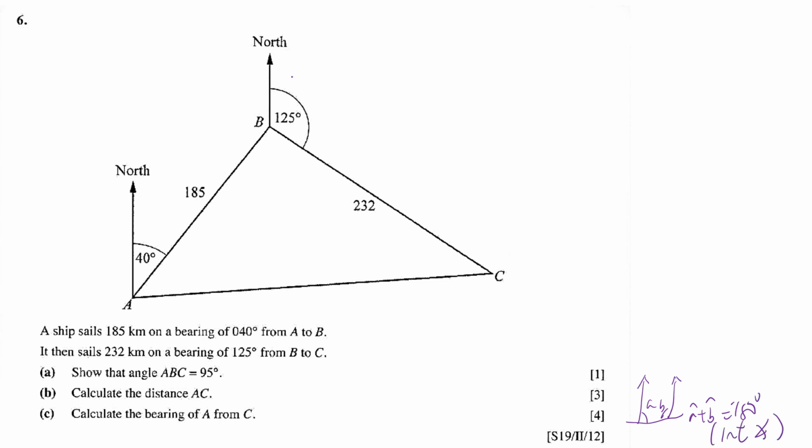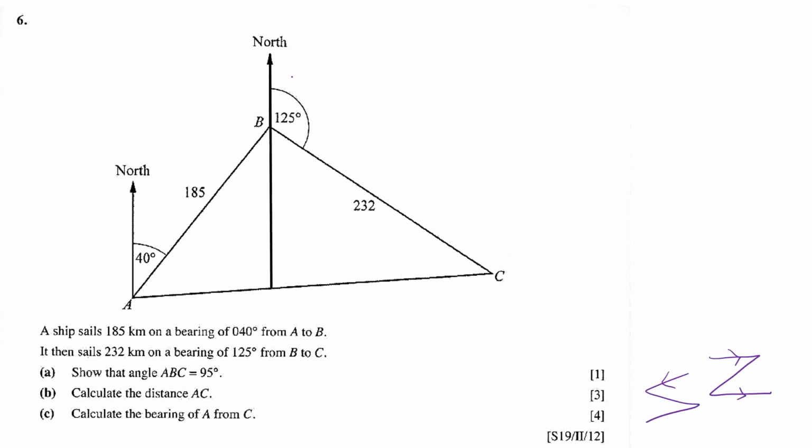What I'm going to do is extend the north direction line that passes through point B longer, and you will be able to use alternate angle, another very popular angle property. Look out for the Z sign. These two angles will be the same, alternate angle.